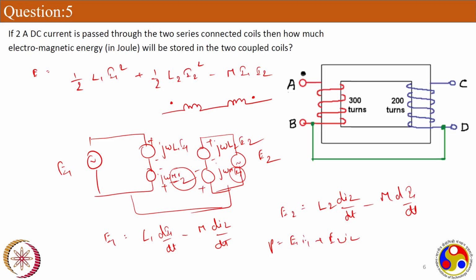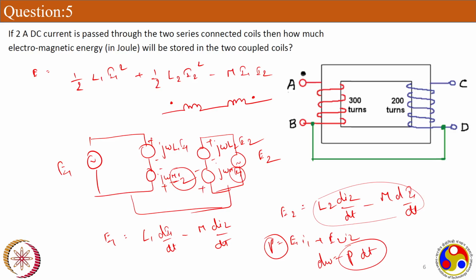After getting P, dW is equal to P into dt. So this power expression is multiplied by dt. So you will get L1 I1 dI1, L2 I2 dI2 like that terms, and then W would be half L1 I1 square plus half L2 I2 square minus M I1 I2.